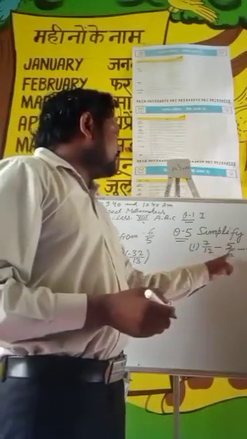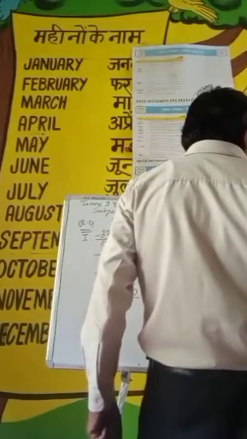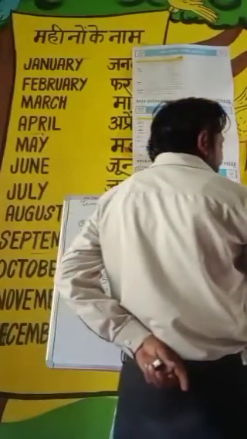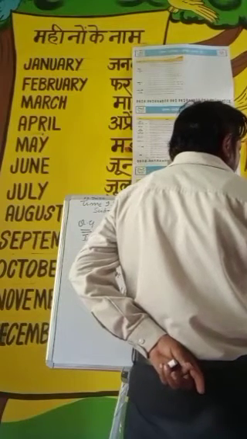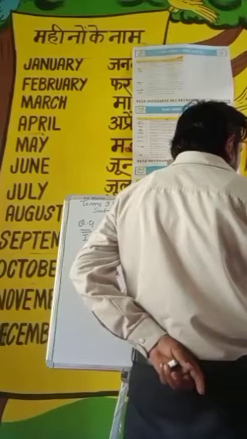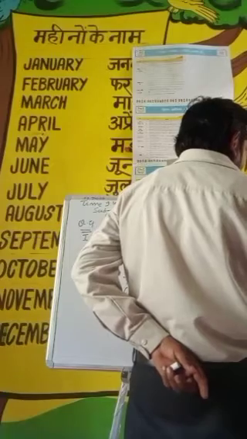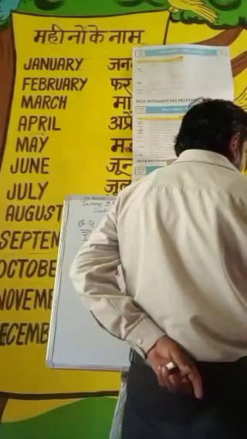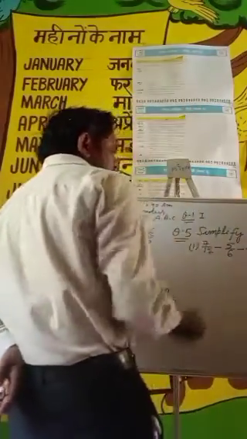Now take the LCM of 12, 6 and 8. 2, 6, 3, 4. 2, 3, 3, 2. 2, 3, 3, 1. 3, 1, 1, 1. 2 to the 4 to the 3 is 24.